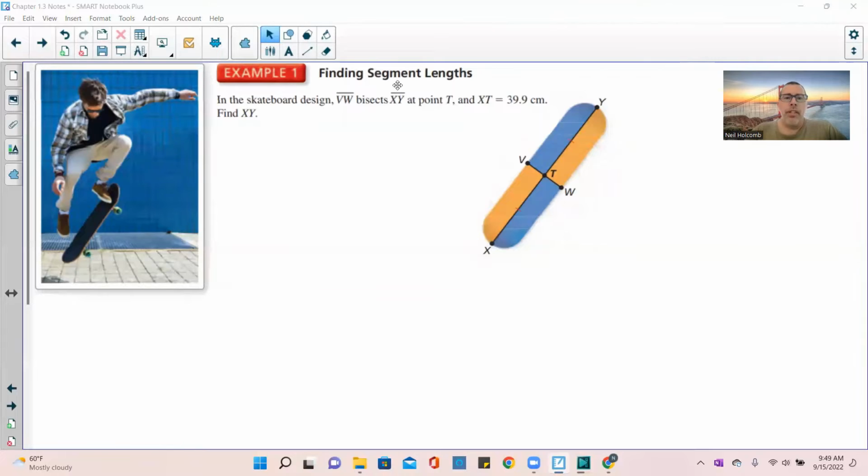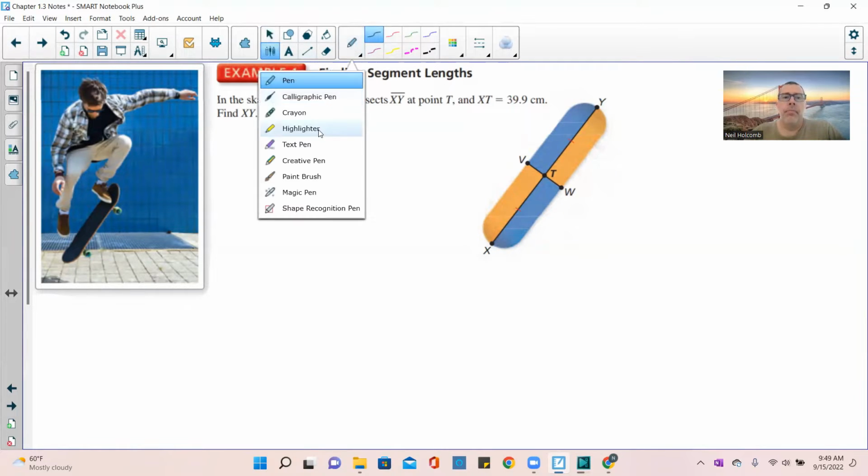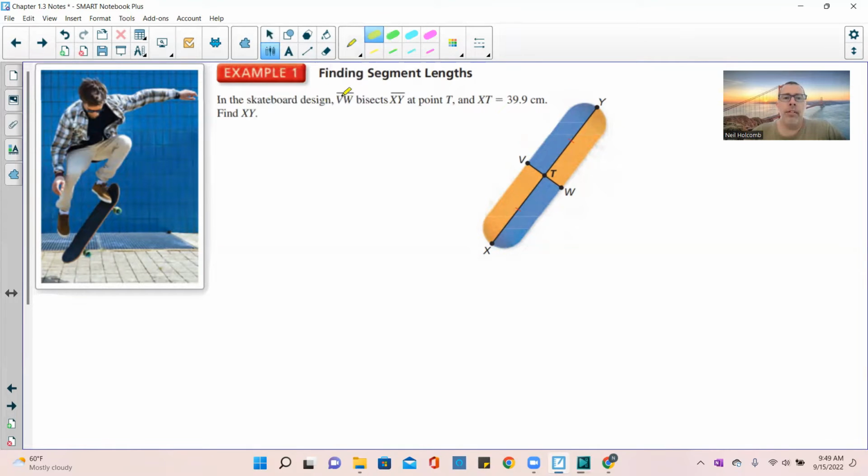Okay, so example 1 says find the segment lengths. In the skateboard design, segment VW bisects XY. So let's stop right there and take a look at that. VW is this line segment, and it's saying it bisects XY at the point T. There are red marks here and here.